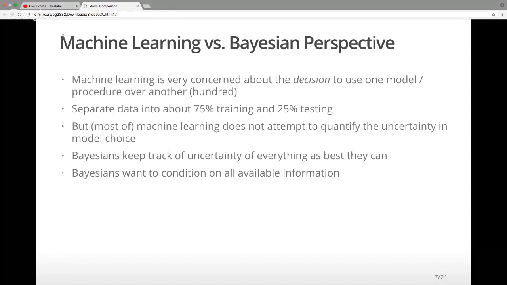Now, in fairness, most of the supervised learning things that we were talking about last semester were envisioned for situations in which you have so much data that the uncertainty about the parameters is going to be small or maybe negligible compared to your uncertainty about what model to use.